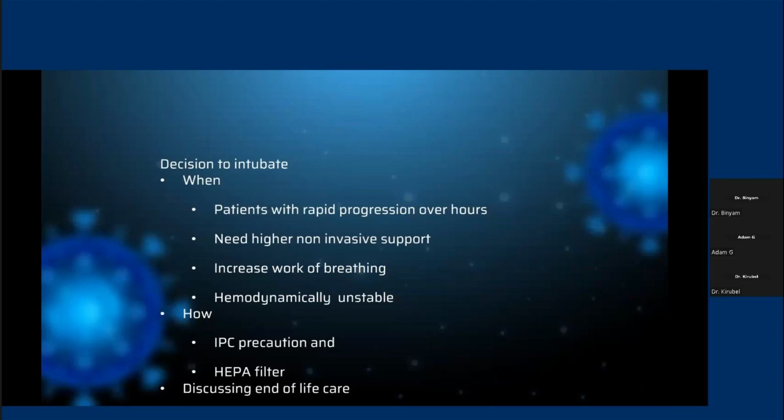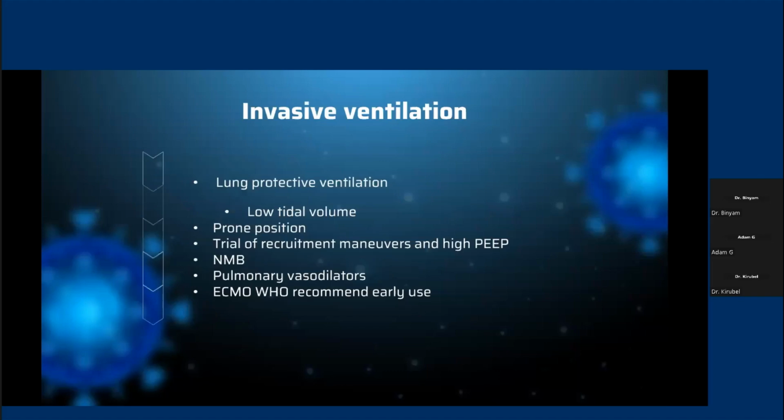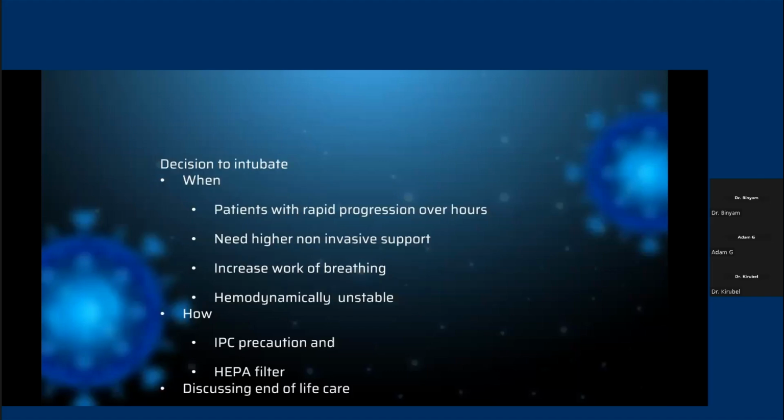If the family decides not to intubate, then you will adhere to that and continue with end of life care. But if the family decides to go ahead, then you will intubate the patient. So you have to sit down with the family and respect their wishes. This is one of the things you should consider, especially when working in the ICU.